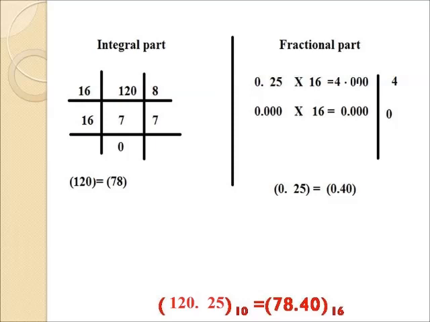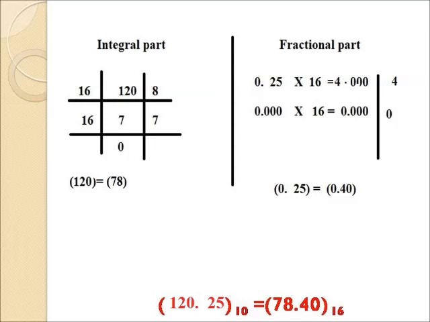Now look into the fractional part, that is 0.25. We multiply with 16, so we get 4.0. Separating the integral part, 4 is the integral part, and 0.0 into 16 results in 0.